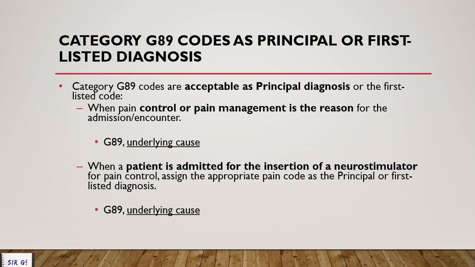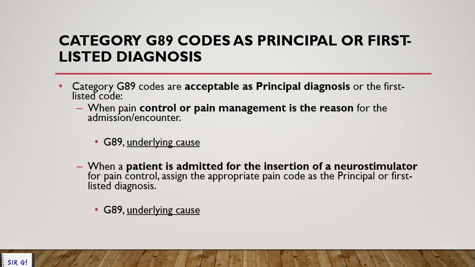Keep in mind, if the main reason for encounter is pain control or pain management, and there's a word like acute or chronic pain, post-procedural pain, post-thoracotomy pain, or neoplasm related pain, you need to code first G89.